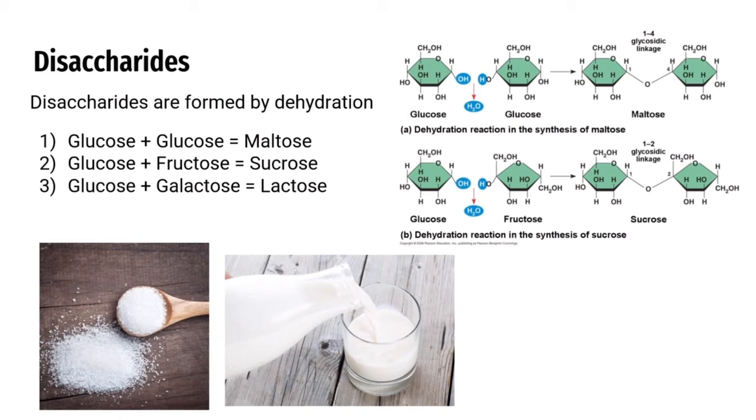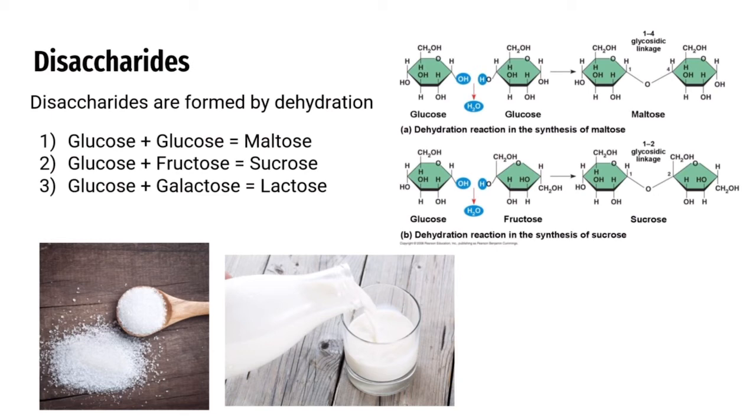They are all formed by dehydration synthesis, and the bond connected by it is called glycosidic linkage. Sucrose is made up of glucose and fructose, and lactose is made up of glucose and galactose. Sucrose is the disaccharide in common sugar, and lactose is that in common milk that we buy at the grocery store.